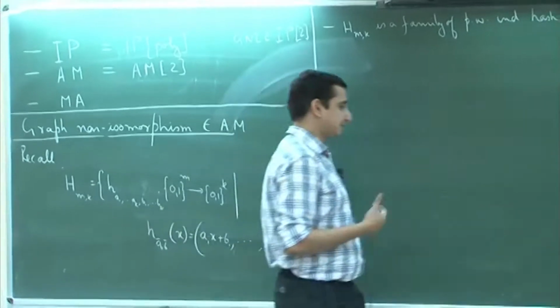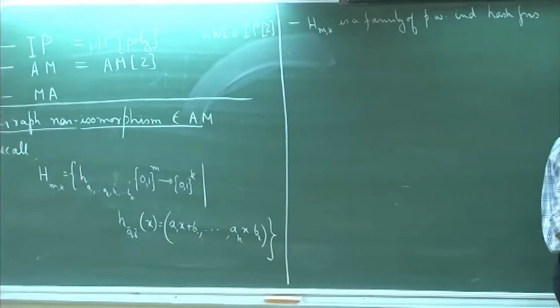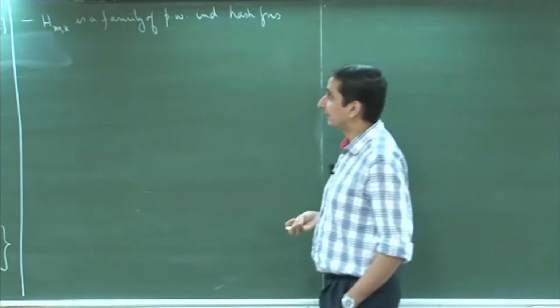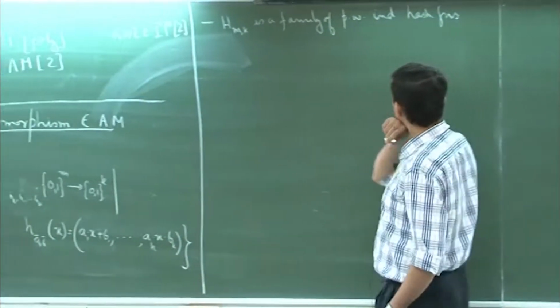A proof of this is also given in your text. It's very easy, simple algebra, but you can look at chapter 8 to see why this family is pairwise independent.